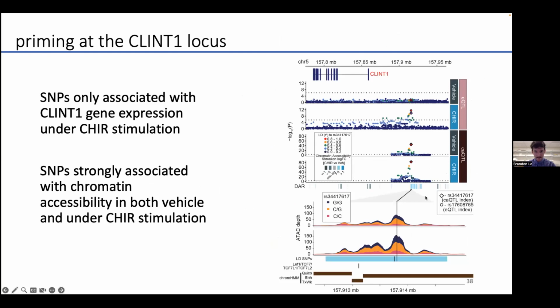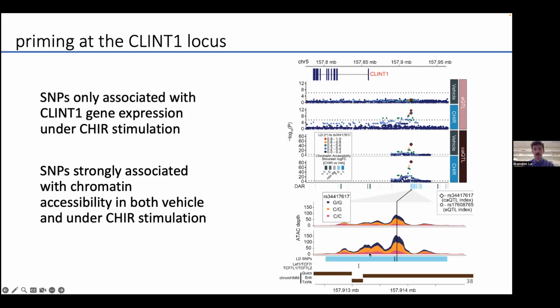At this region on chromosome 5, we see effects on chromatin accessibility from these variants present in both vehicle and Wnt-stimulated conditions, but only an effect on gene expression in the Wnt-stimulated context. So we can use this to infer a potential mechanism for how these variants work that includes both of these molecular phenotypes.